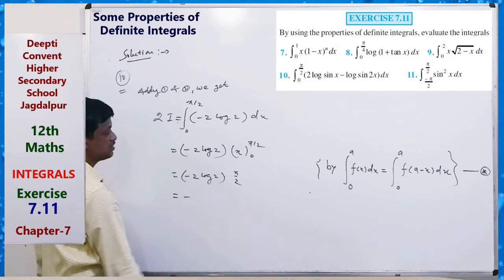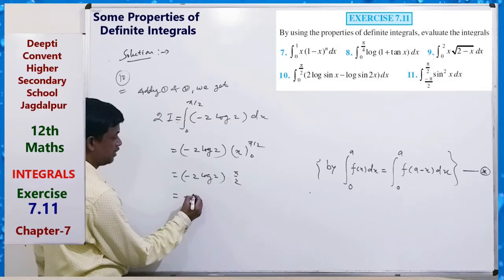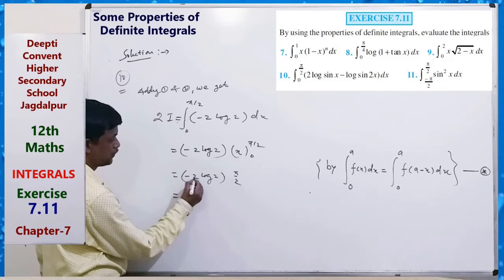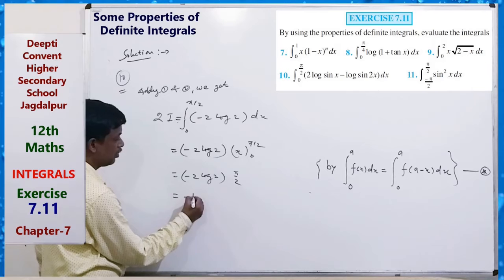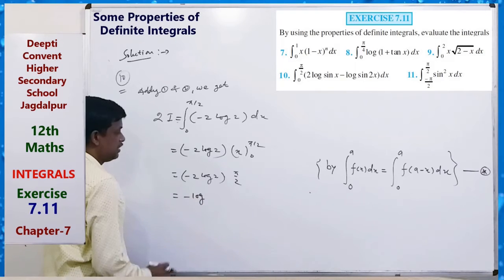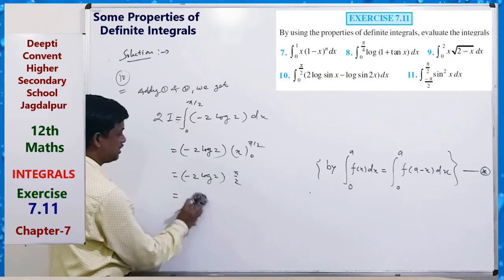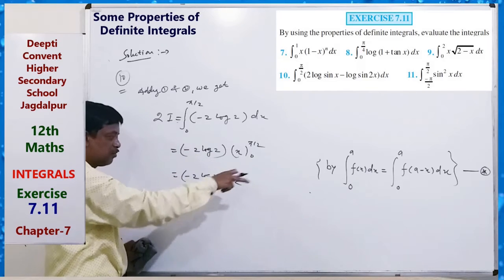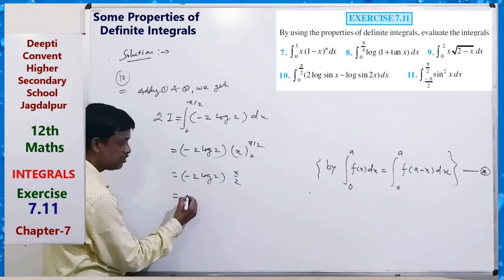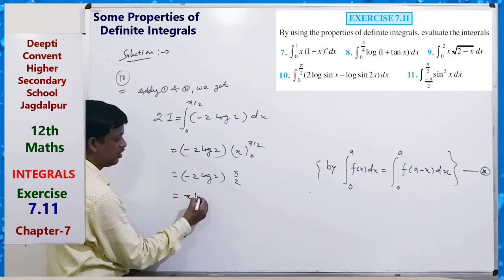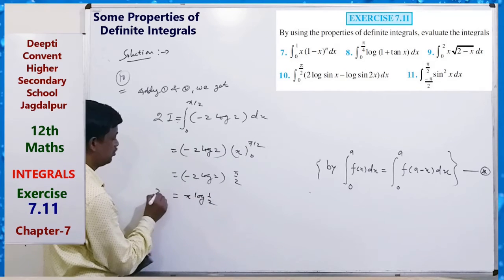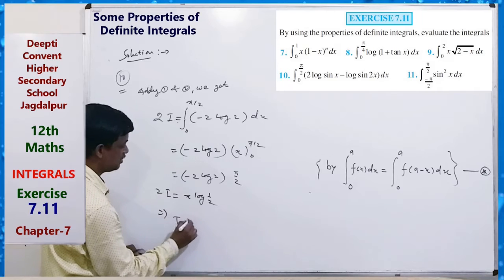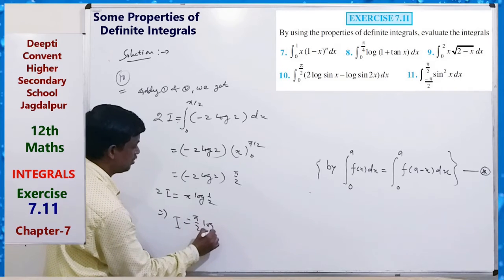This equals, the 2 cancels, minus pi log 2. The minus can be taken inside the log as 1 by 2, so pi log 1 by 2. So 2I equals this, that is, I equals pi by 2 log 1 by 2.